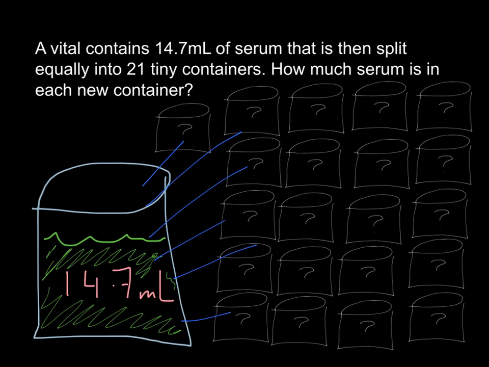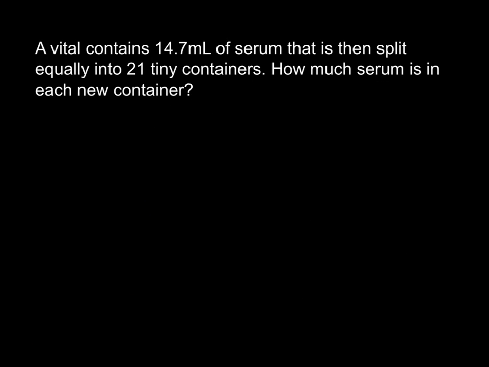Again, I'm looking at this as a division problem. So with this division problem, I have 14.7, or 14 7/10, divided by 21. Again, starting with that decimal right away.